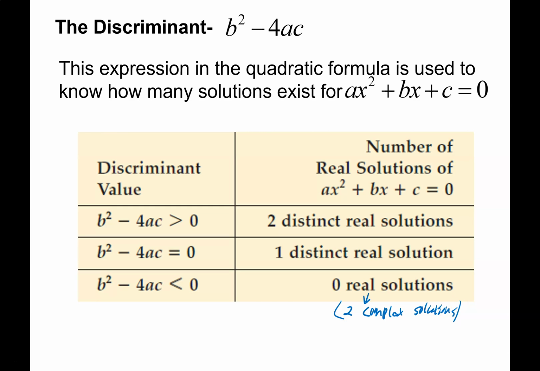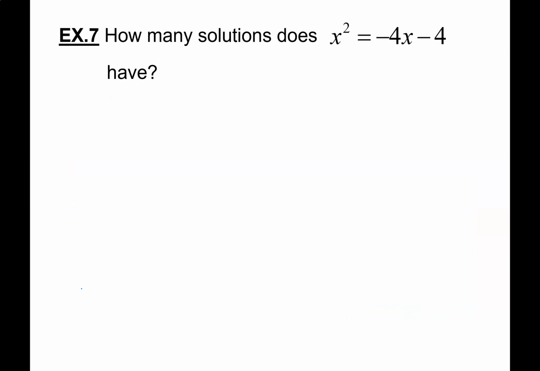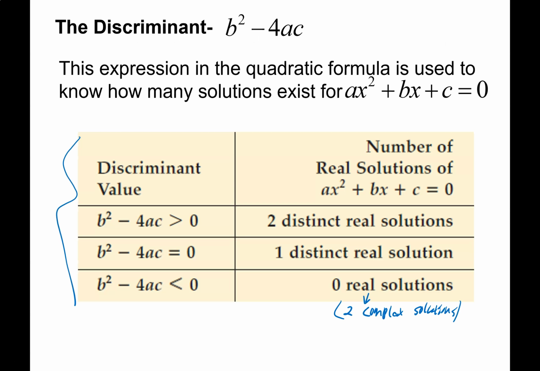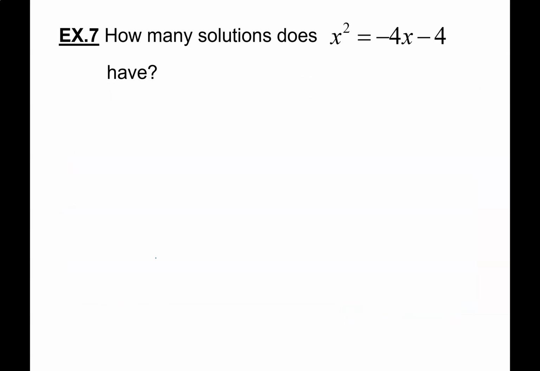And let me show you, rather than just memorize the table, I'm going to show you why. So again, I'm not looking to solve this particular problem. I just want to know how many solutions it has and what type they are. So I'm going to refer back to here. I need to find b squared minus 4ac. So to do that, first thing I got to do is make this equal to 0.